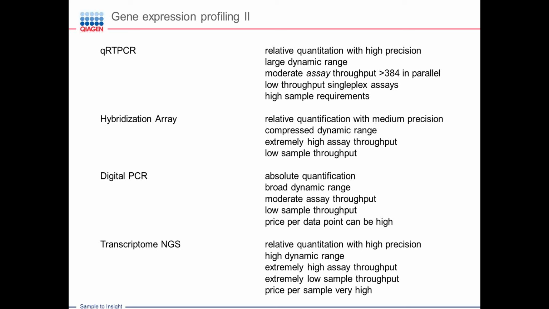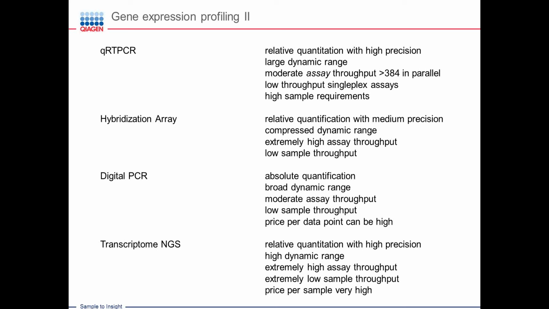You have moderate assay throughput, so you can, for example, in a PCR instrument, look at 384 assays in parallel from one reverse transcription from one cDNA synthesis reaction. These are typically still singleplex assays, so if you're doing 384 assays, you have relatively high sample requirements in that you have to split that sample into 384 individual reactions to do 384 different assays.